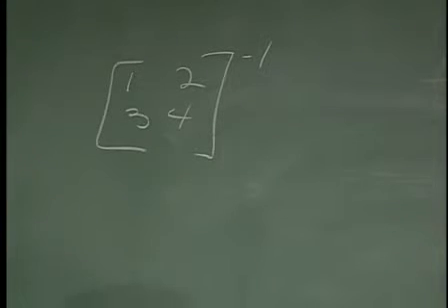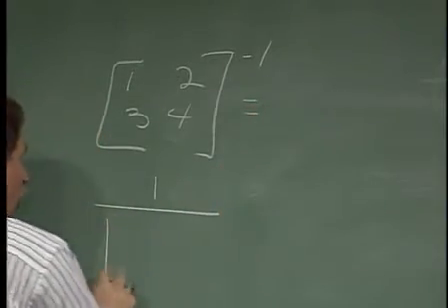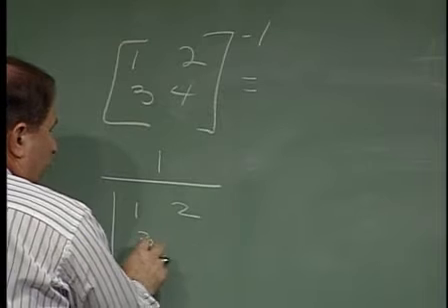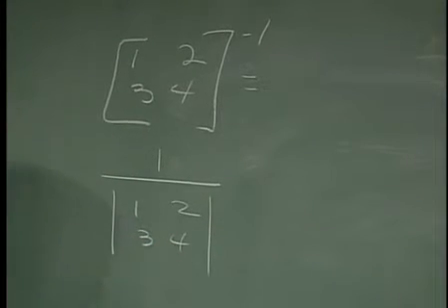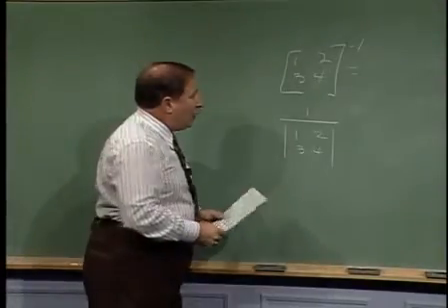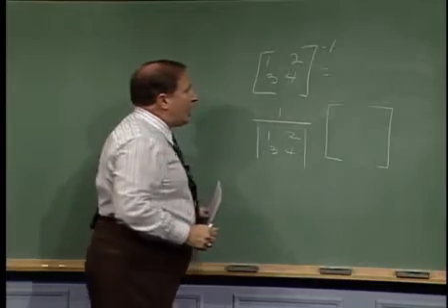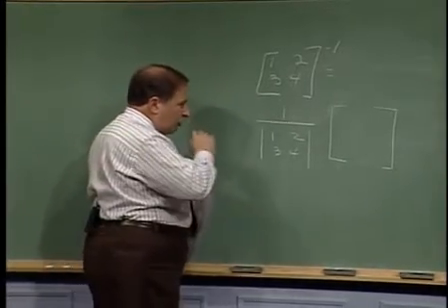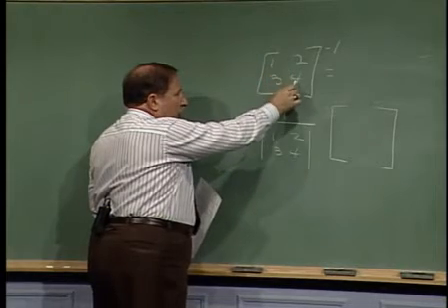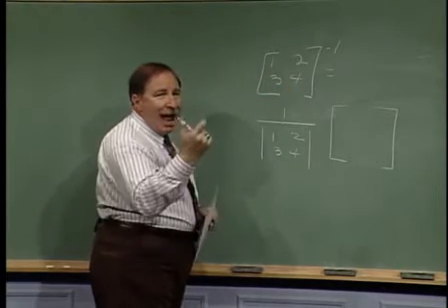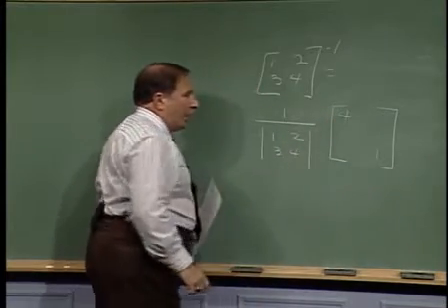And the way we do that is the first thing we do is we take 1 over the determinant of that matrix. And I selected this matrix because we already have the determinant of that matrix. And then we take the original matrix and do some changing. We take the terms in the first row, first column, and the second row, second column, and swap them. The 4 goes here, the 1 goes there.